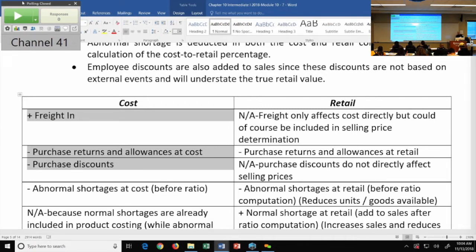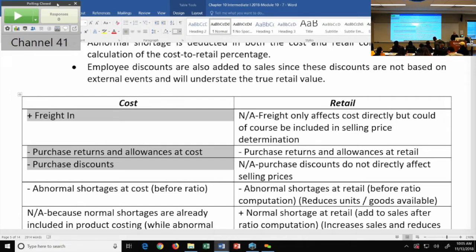Purchase returns and allowances and purchase discounts also get reduced from the cost of inventory. And from the retail side, if you do return a sale, you also have to reduce it on the retail end of it, if you ever see that. So we're not going to really work too much of the sophistication here with shortages. This is really here for your reference.